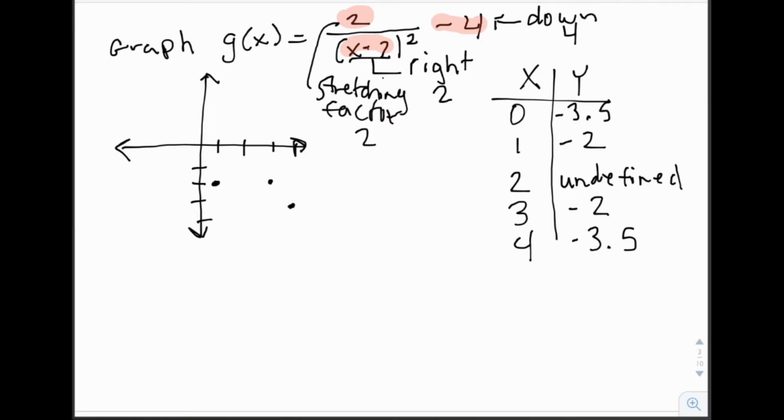And last we have 0 and then -3.5, so that point will be approximately right there. Now, if we proceed to graph this, this is what our approximate function will look like.